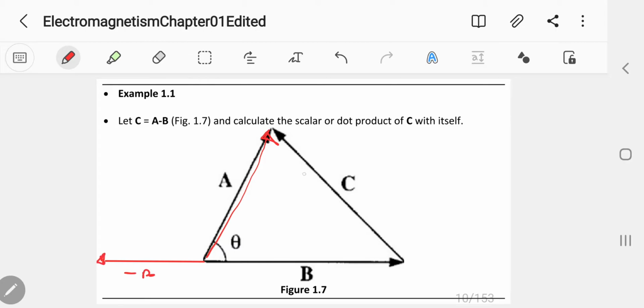So I can put this here. So this is negative B. I can erase this.